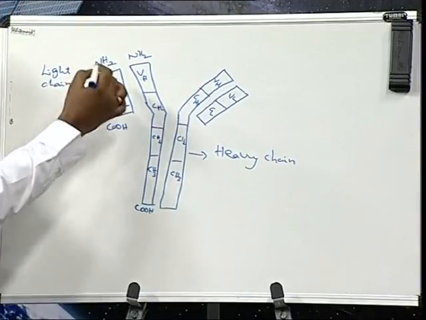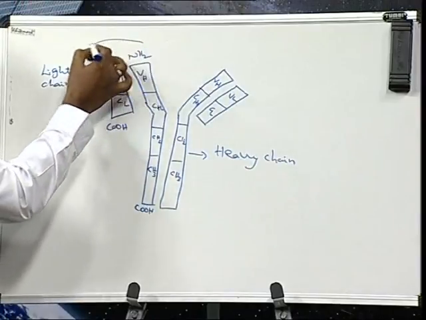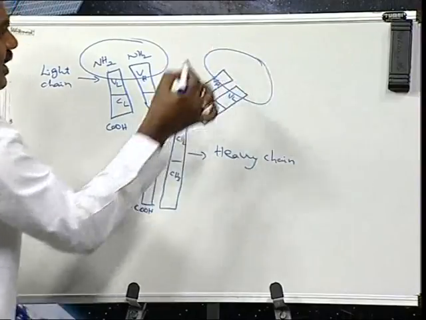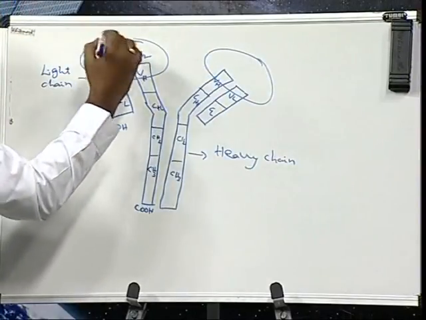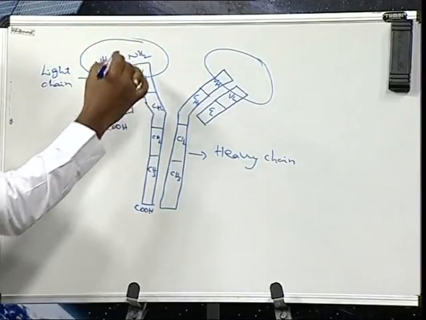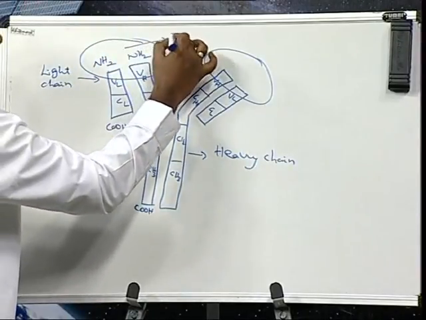Then this part and this part bind to the epitope of the antigen. So, that is why this part is called the paratope.